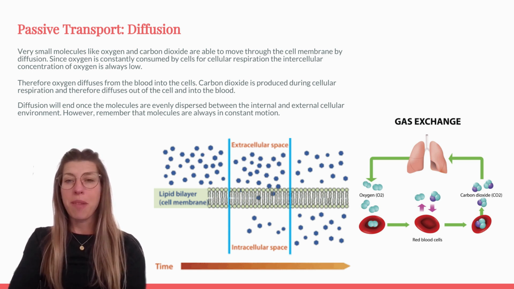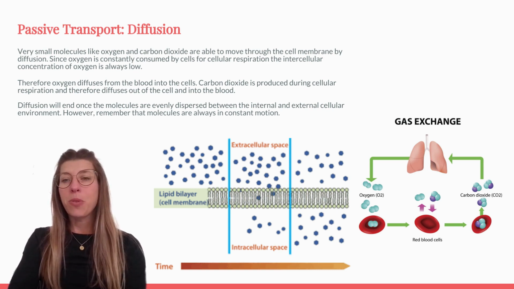There's a picture down below that demonstrates that concept of diffusion, with blood circulating oxygen, dropping it off to the cells that are low in oxygen, and then carrying the carbon dioxide away and expelling it outwards.